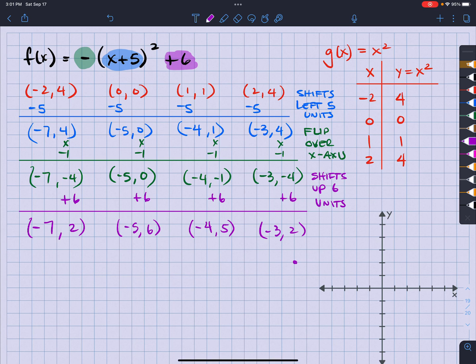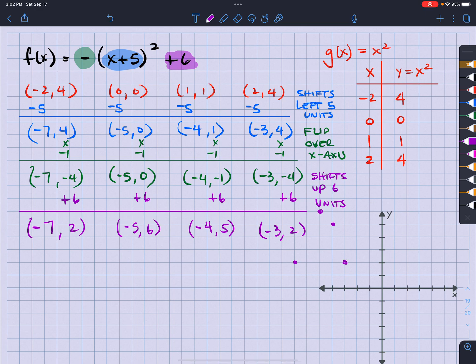Right there. -5, 6. 1, 2, 3, 4, 5, 6. Negative 4, 5, 1, 2, 3, 4, 5, and then negative 3, 2.